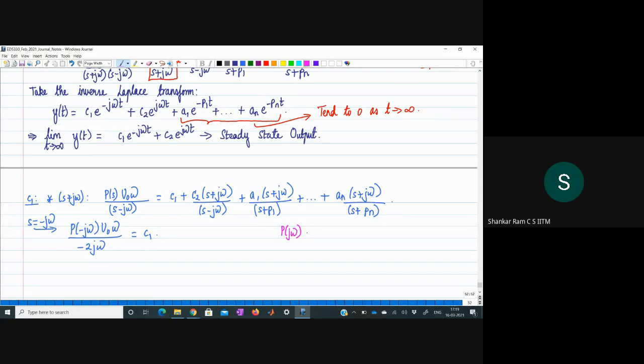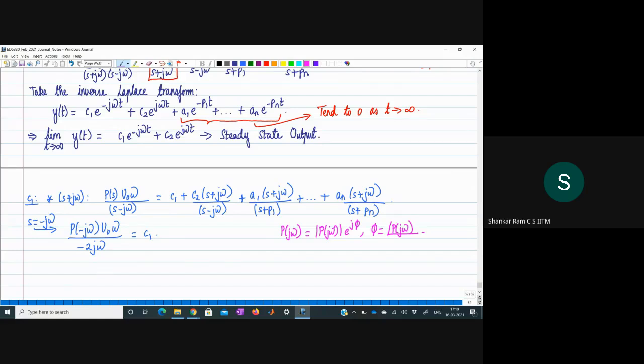So we can write P of j omega in terms of its real part and imaginary part, or in terms of its magnitude and phase, where we can write P of j omega as magnitude of P of j omega times e power j phi, where phi is the phase of P of j omega.